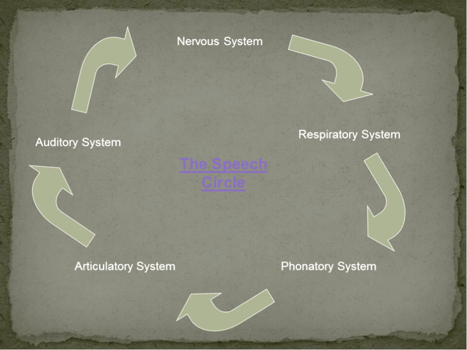Your book then starts with the respiratory system, and we're assuming that at that point that commands have been sent from the nervous system to respiratory muscles in order to initiate respiration. And then we'll move on to phonation, to articulation, and to the auditory system and study the anatomy and physiology.